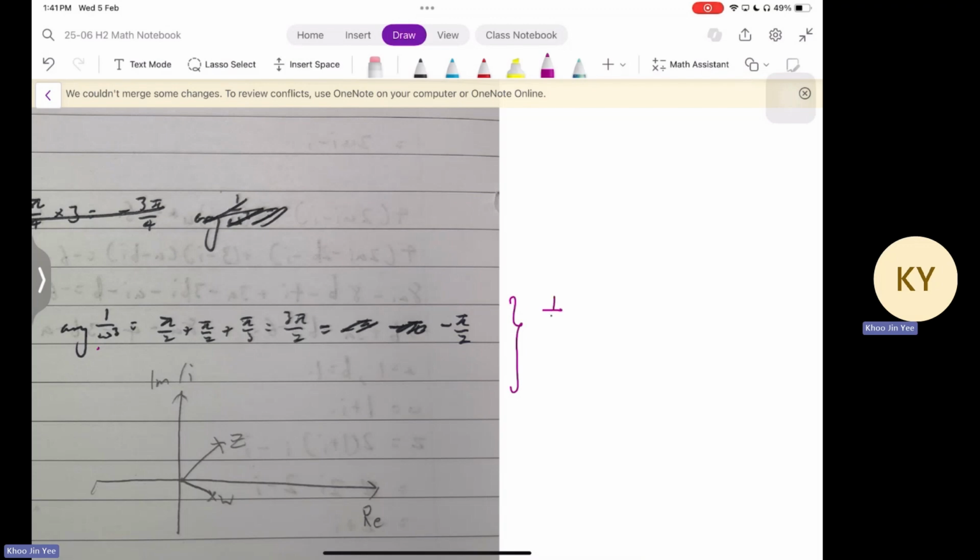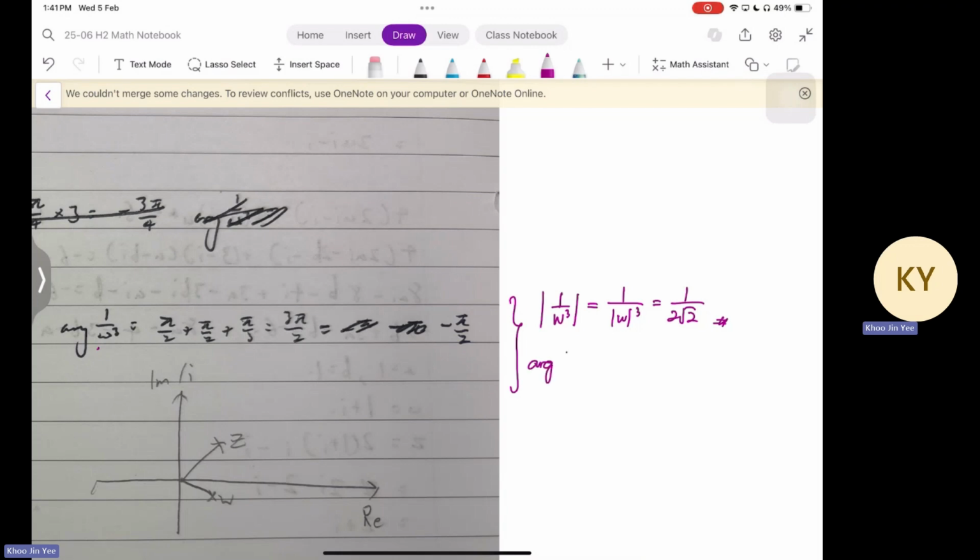The modulus of 1 over w cube would be the modulus of 1, which is just 1, over the modulus of w cube. Because you already calculated, don't waste time. So this would be 2 root 2, just like that. Don't have to do it from scratch.